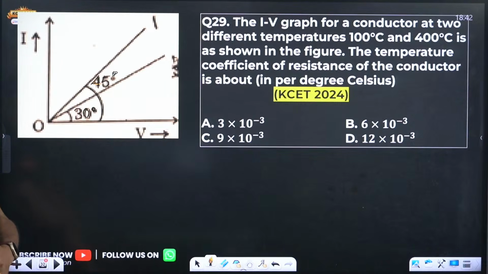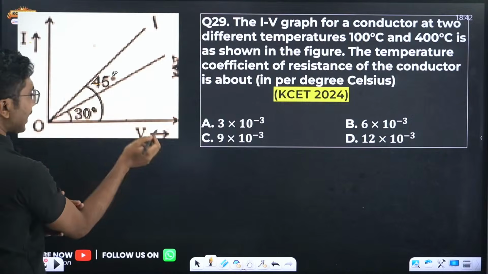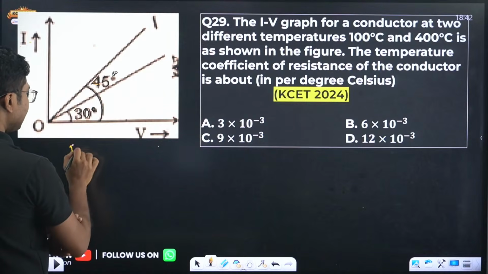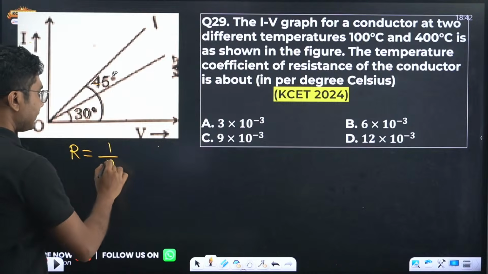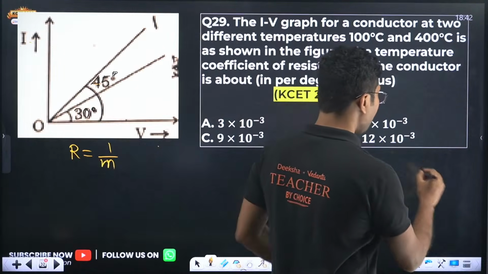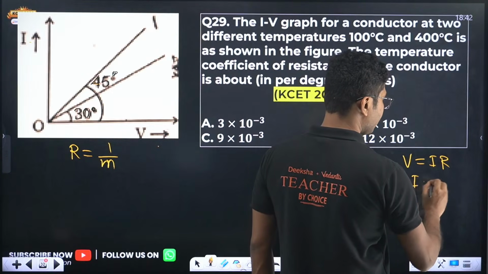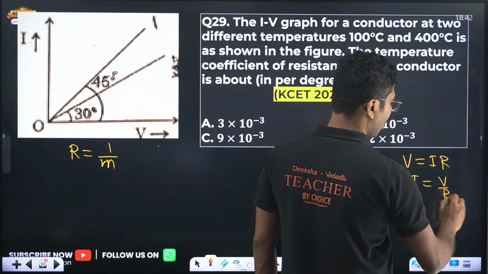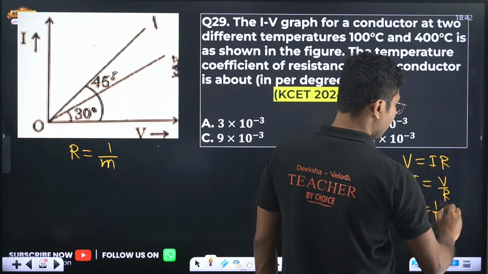So remember that if a V versus I graph is given, then resistance is 1 by slope. V equals IR, or I equals V by R, or y equals 1 by R into x.